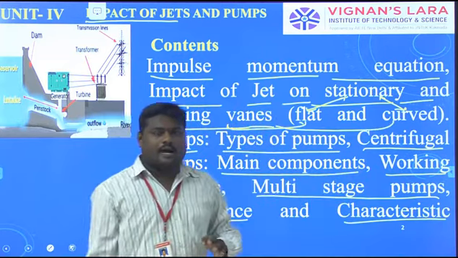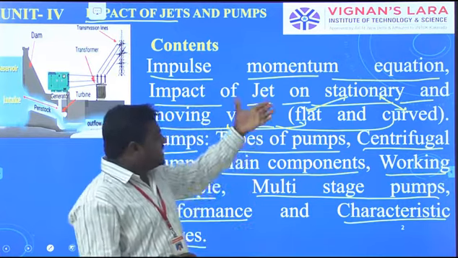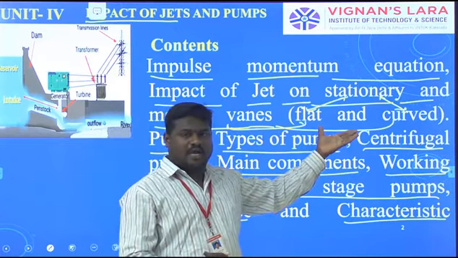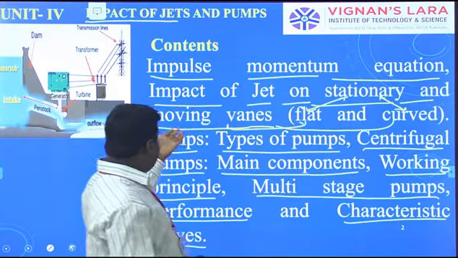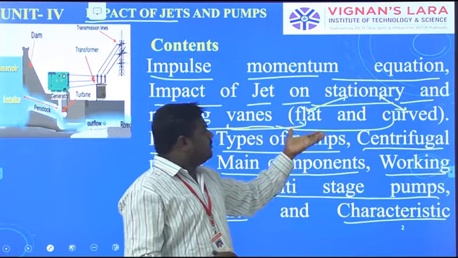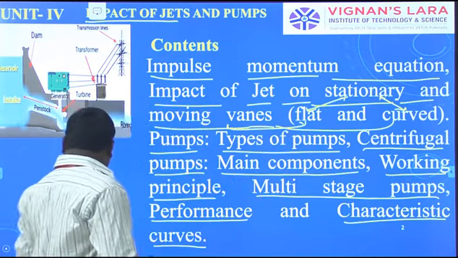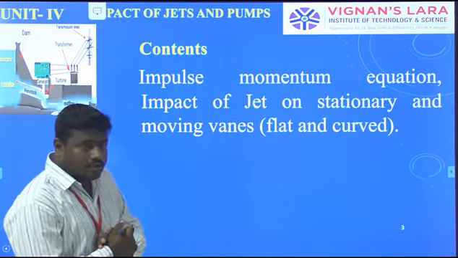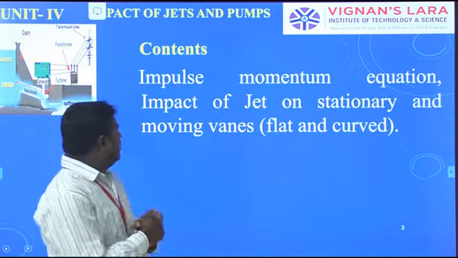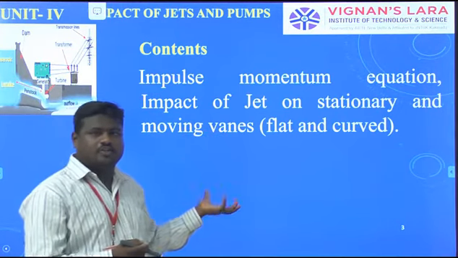So here there are four equations. The stationary vanes have flat and curved, and the moving vanes have curved and flat. Is it clear? Today's class is impulse momentum, the new topic, impact of jet, in the fourth unit.